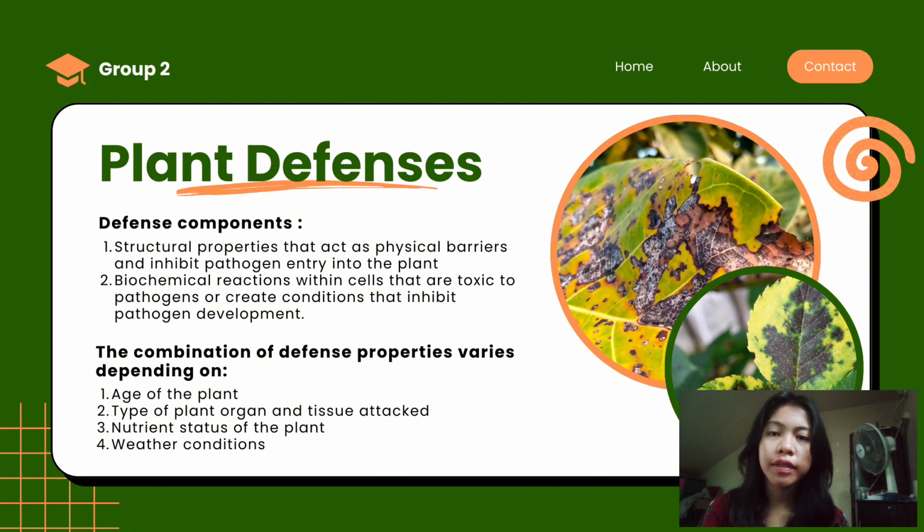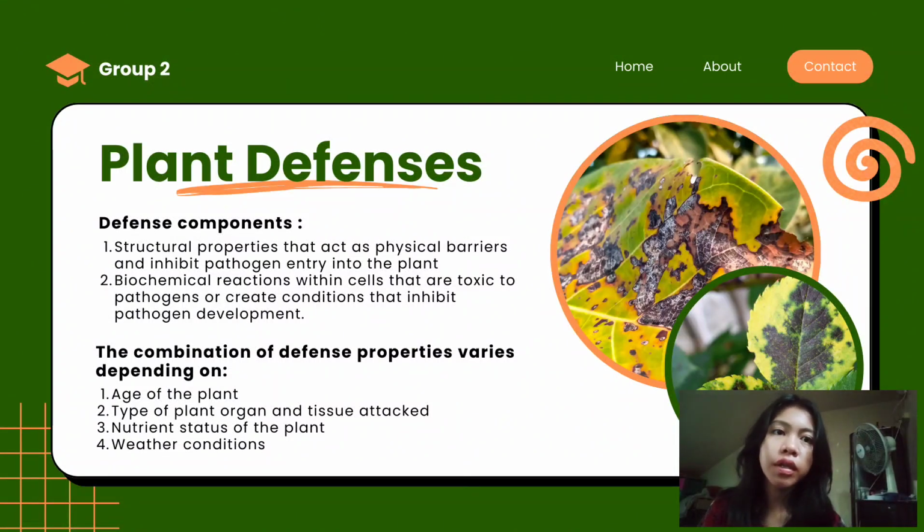Plant defenses. There are two defense components. The first is structural properties that act as physical barriers and inhibit pathogen entry into the plant. The second is biochemical reactions within cells that are toxic to pathogens or create conditions that inhibit pathogen development.